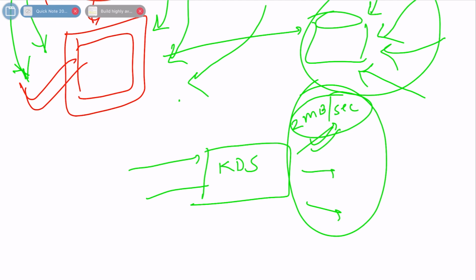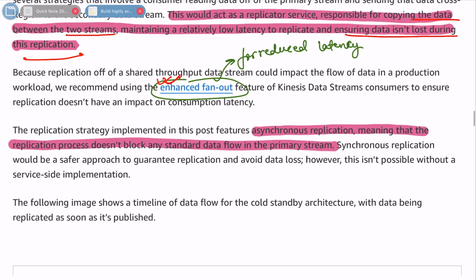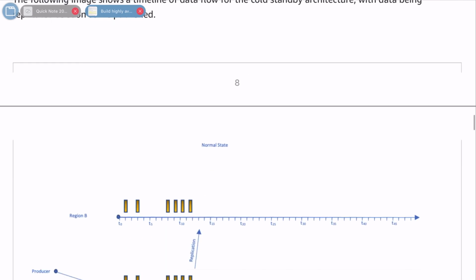So if there are a lot of consumers, what is suggested is that you use enhanced fan-out. It means that every consumer is given 2 MB per second. This is basically to reduce the latency. And for the replication strategy, we are using asynchronous replication.